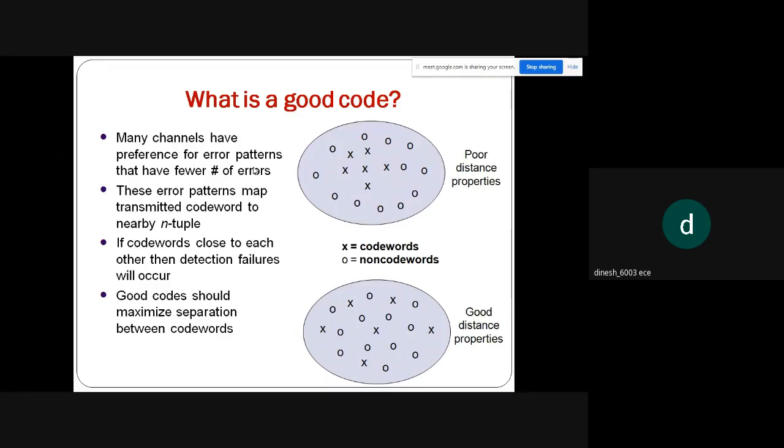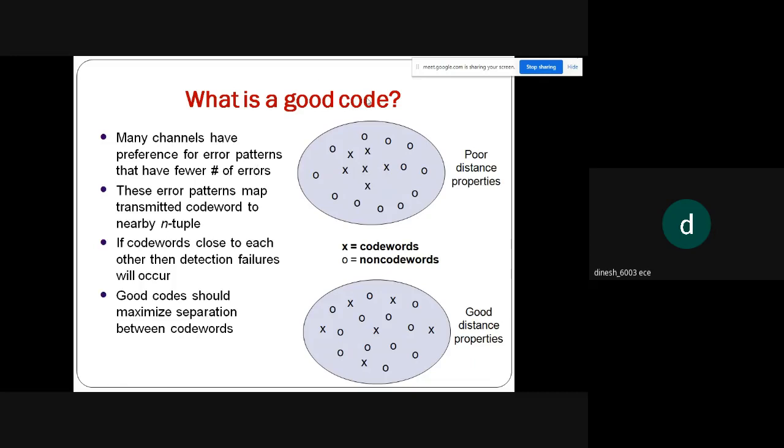If the code words are close to each other, detection failures will occur. So each code should be separated from another by some amount of distance.